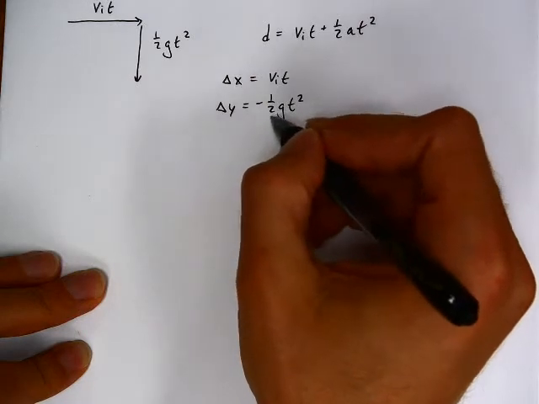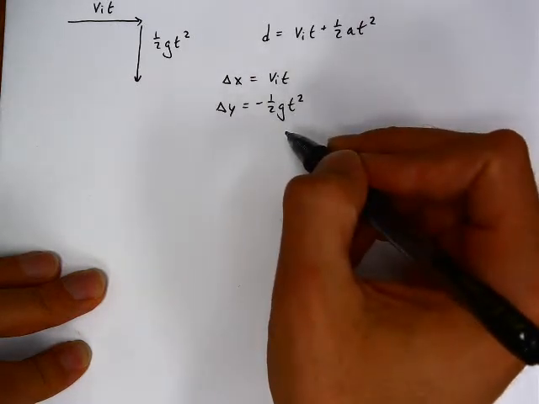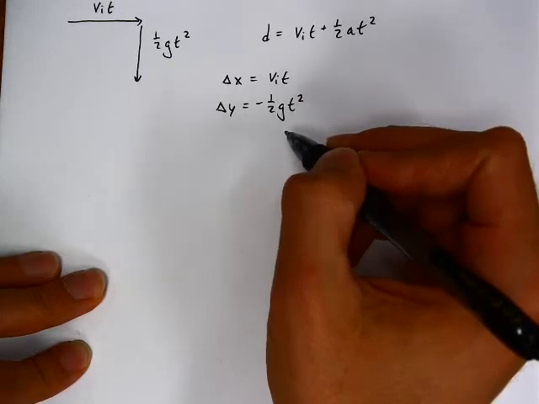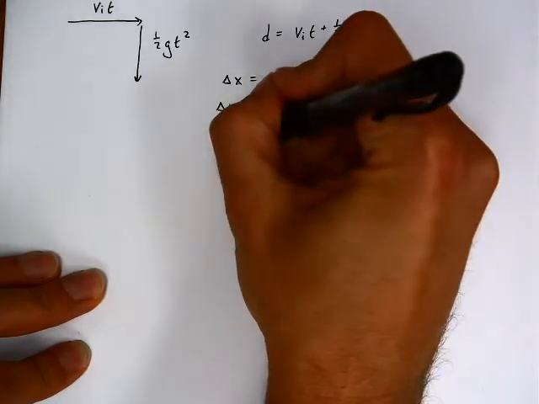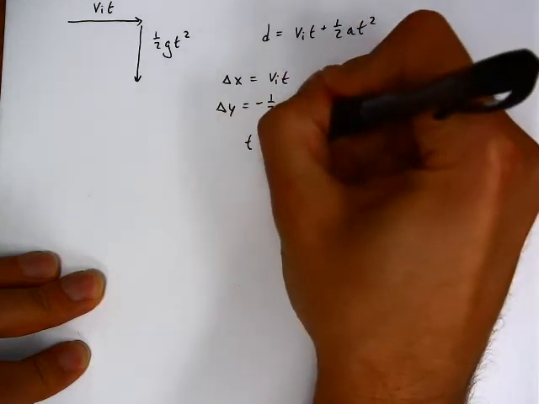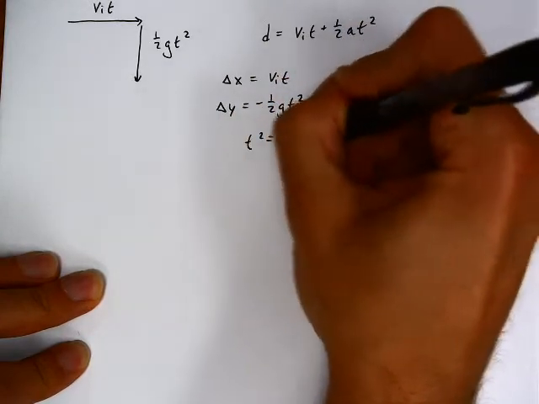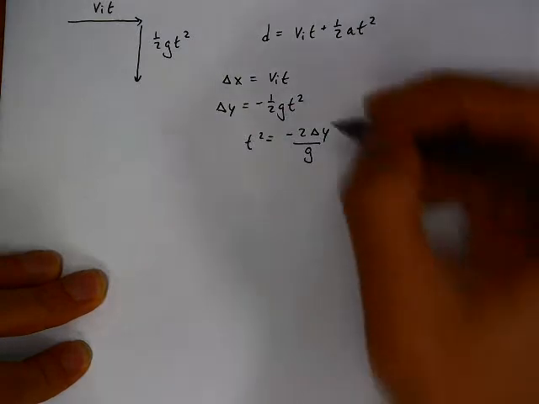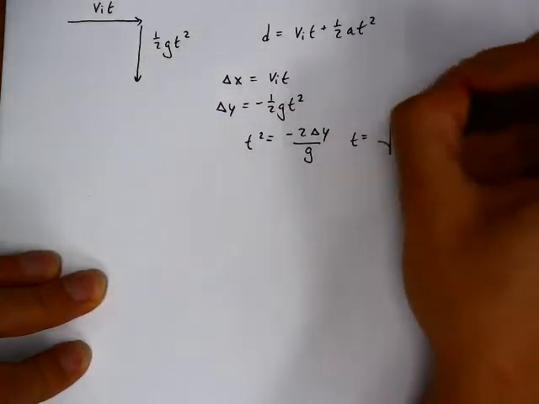So we can multiply both sides by 2, divide both sides by g, or negative g, and we get t squared equals negative 2 delta y over g, or t is the square root of negative 2 delta y over g.